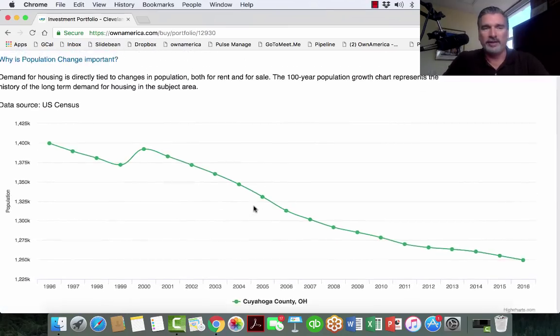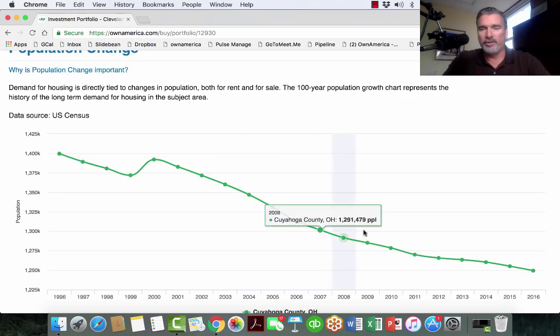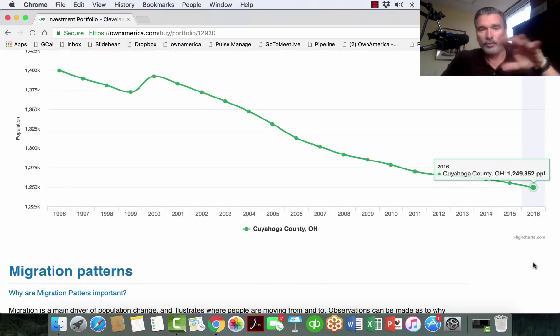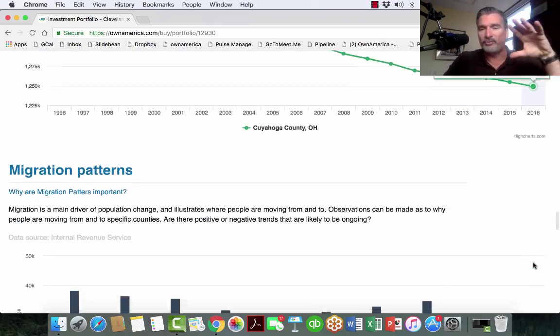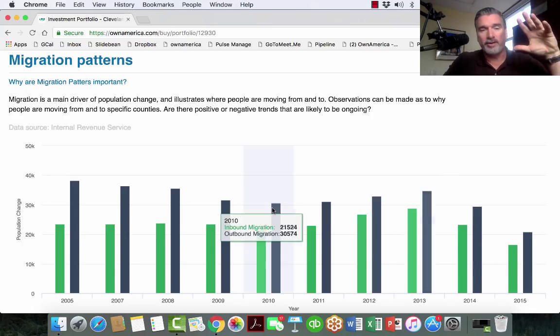Do I want to invest in a place where almost everywhere in America the population is growing and in Cleveland it is not? What are the things that are causing that kind of long-term decline? Will it turn around? We don't know, and I'm not going to project that. I just want to reveal what the data shows. Outbound migration is the larger bar in every one of these.